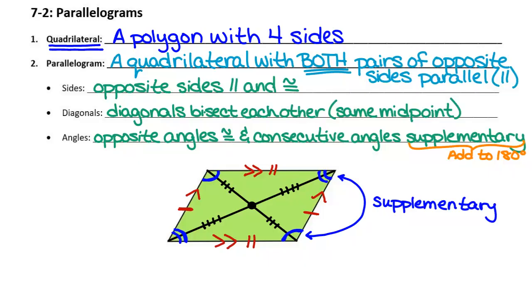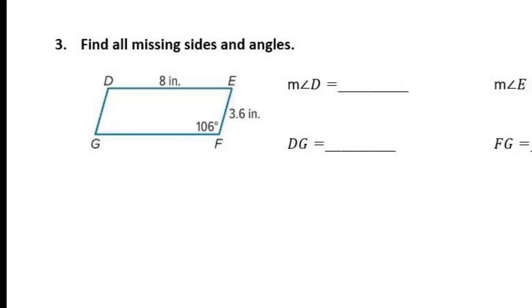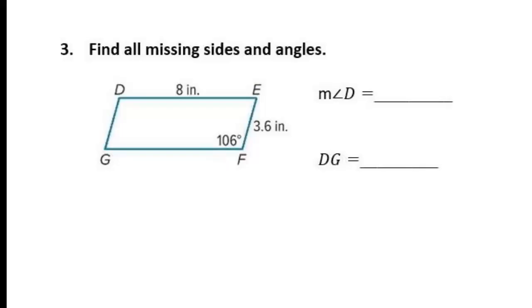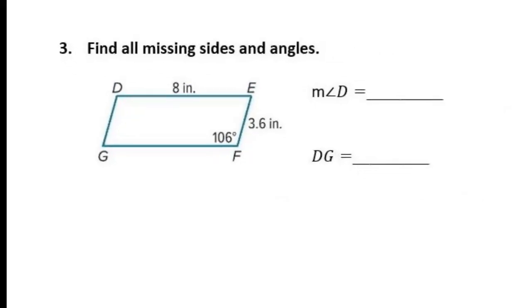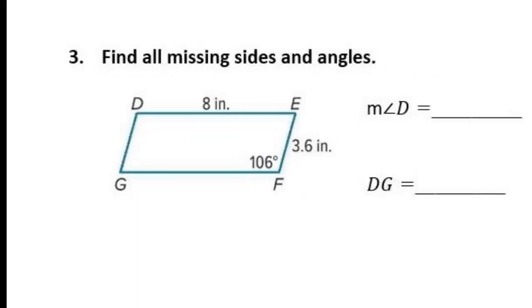Let's see if we can use that now to find some missing pieces on example number 3. So on example 3, we have this parallelogram here. It says find all missing sides and angles. So let's see if we can mark this one up like we marked up that other parallelogram. Which side would be the same size as DE?